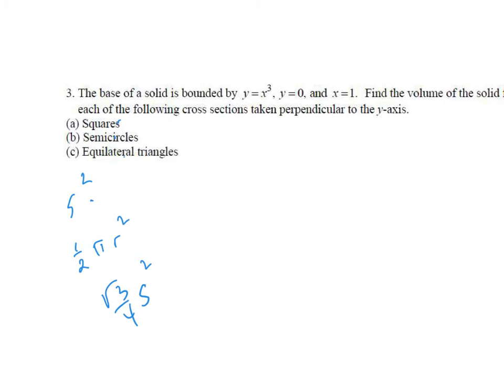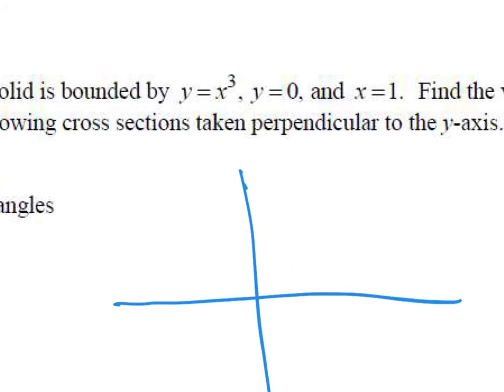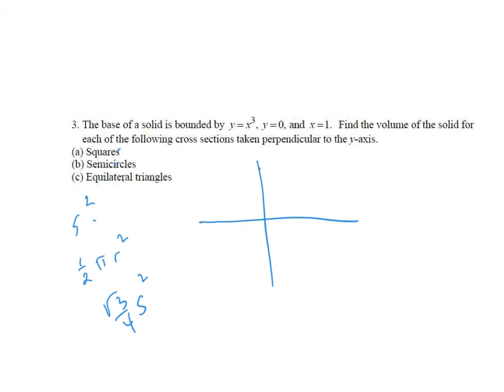So let's do A here. First of all, let's see what the region is. The base of the solid is formed by a cubic. Okay, well that's easy. A positive cubic starts down here, comes up nice and pretty, goes up and keeps on going. Okay. And y equals 0.